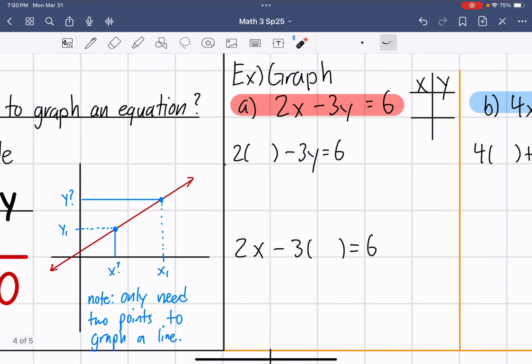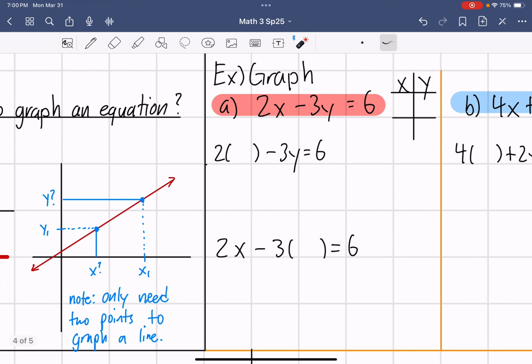So here, I already have it written down. I'm going to choose an x. So every time I do an evaluation or I plug in to a variable, I always like writing it all out with the parentheses around the variable I'm replacing. And then this could be any random number.